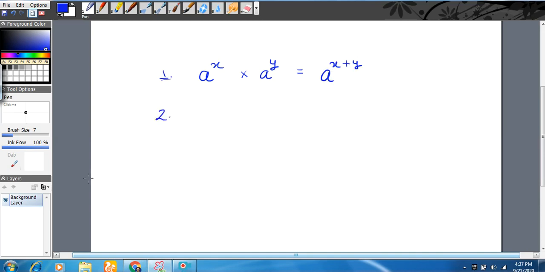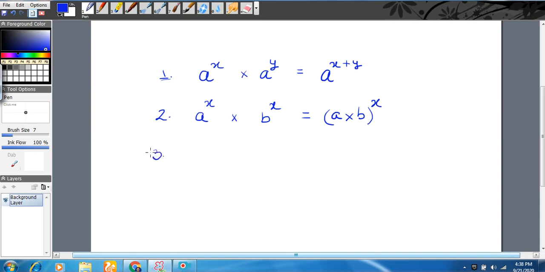Second, suppose the base is not the same. See, if there is a power x into b power x, in the second case we have different bases but the exponent is the same, so you have to multiply both the bases, that will be a into b whole power x, and you can check it or prove it by taking values of a, b and x.